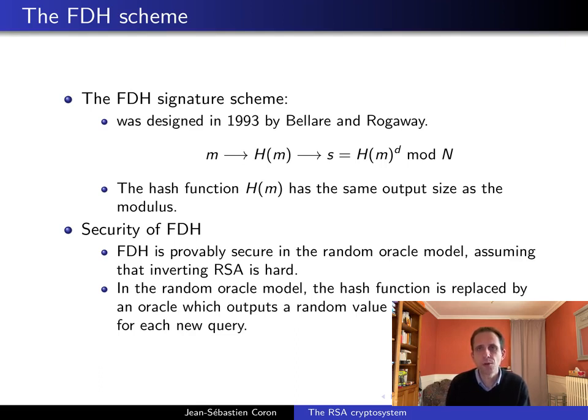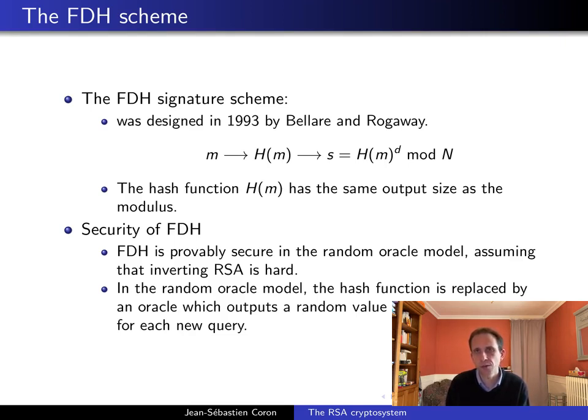So let me describe the full domain hash signature scheme, which is actually the simplest signature scheme based on RSA. It was designed in 1993 by Bellare and Rogaway. We start from the message M, we hash it, so we get h(M), and the signature is simply the hash of M to the power of d modulo n. It's called full domain hash because the hash function h(M) has the same output size as the modulus.